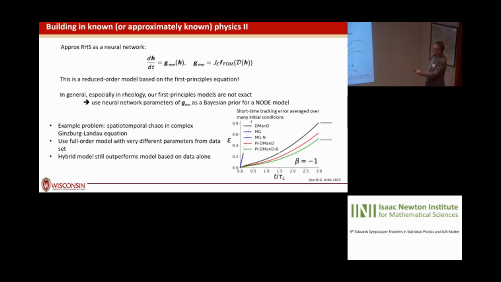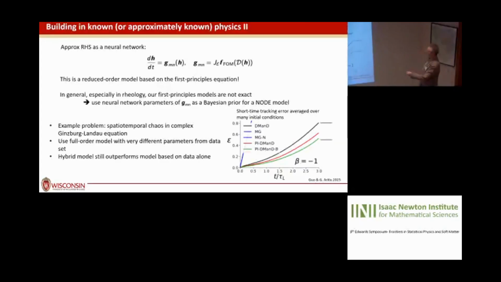And so this is just ensemble average relative error versus time scaled with the correlation time for this data. The two curves to look at are data-driven manifold dynamics. I didn't tell you what this acronym means. We have a low-dimensional manifold where the data lives. So that's the purely data-driven approach.